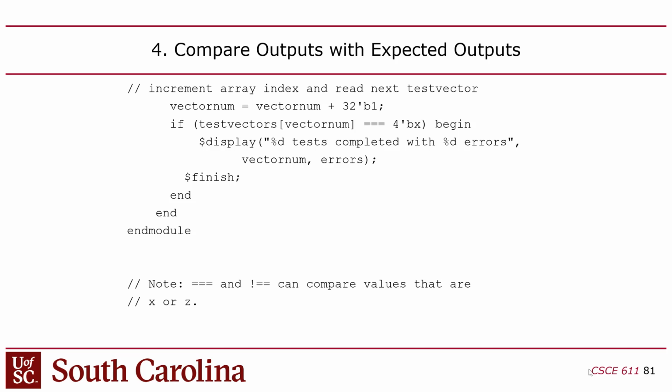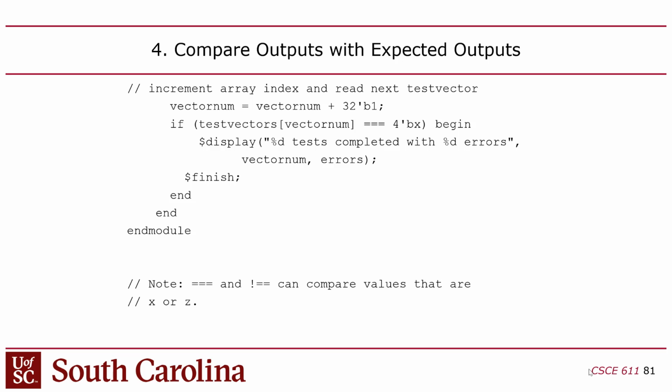Because if I only have, say, 16 test vectors, but I've allocated 10,001, once I get to the 17th one, which would be when vector num is 16, then it's going to pull out an x. It means I'm done. I've gone through all my test vectors.